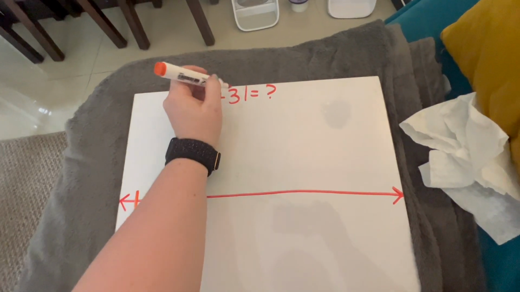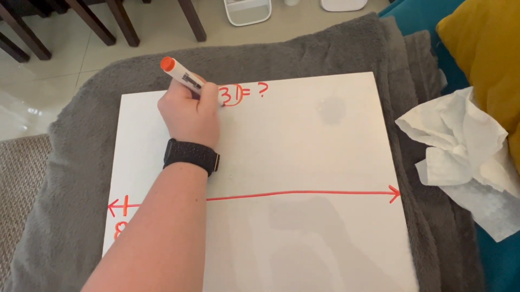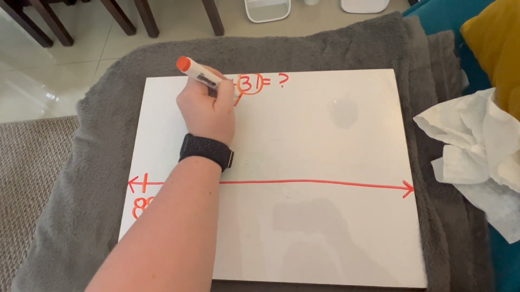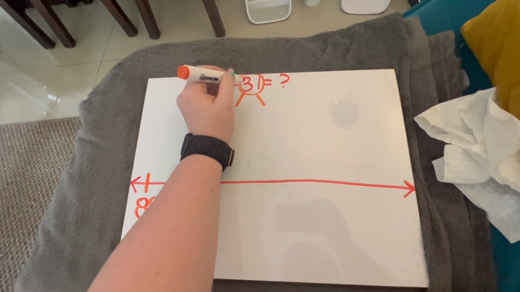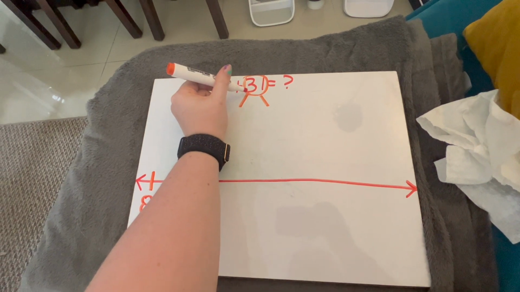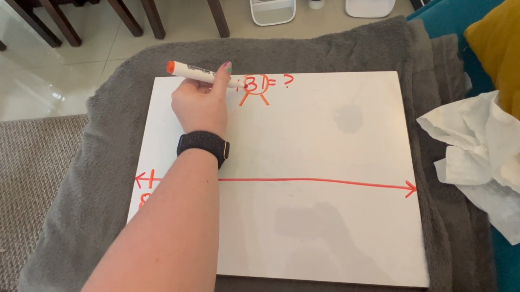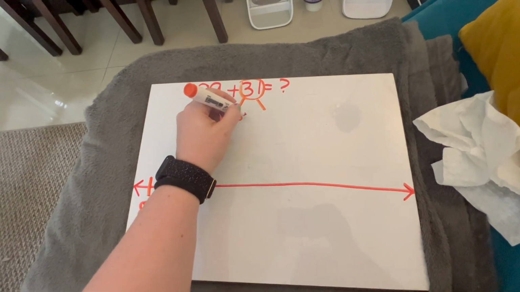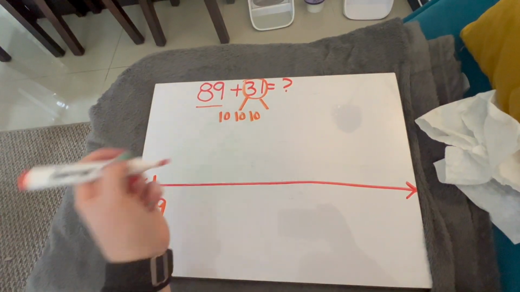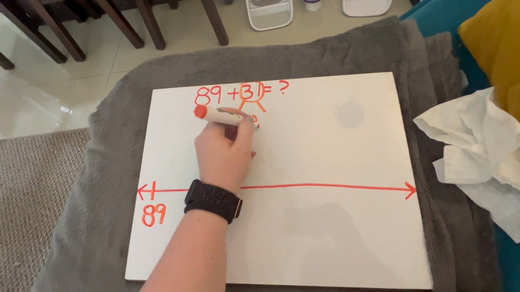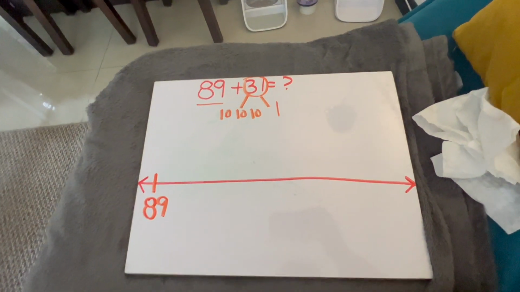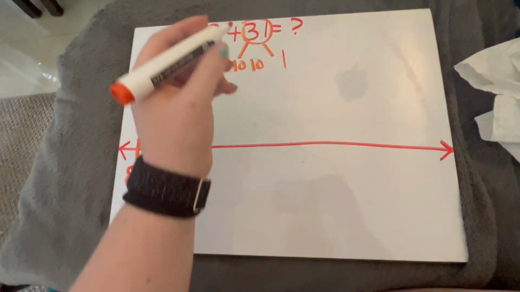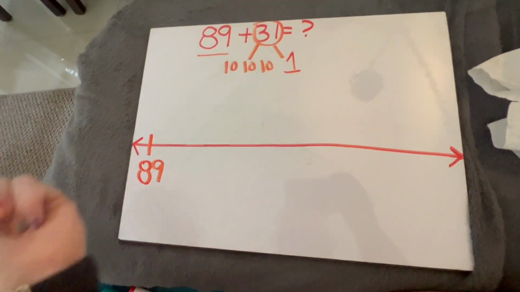Then we are going to take our smaller number and we are going to divide it into our tens and our ones. Here I have 3 tens, so I have 10, 10, 10. And here I have 1, or the number 1.